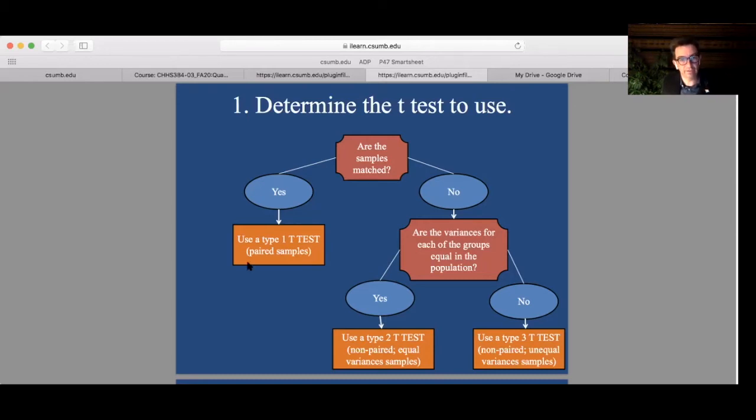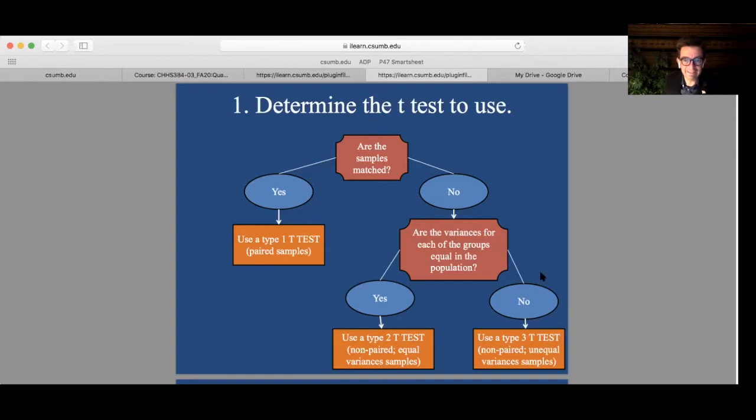So they're not matched, so we're not using a type 1 test, just like most surveys are. Now we have to ask ourselves, are the variances in the population different or similar? When we looked at the standard deviations for them, they were kind of similar, but these are sample standard deviations.